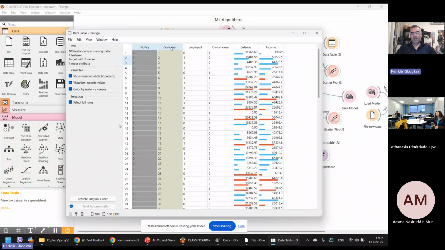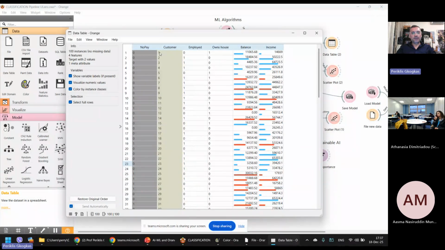This is the customer, the meta variable, the customer number, 1 to 100. I use only 100 observations so that the models train efficiently and quickly here. We do not want 1,000 customers or 10,000 customers so that it takes, I don't know, 10, 15 minutes to train.